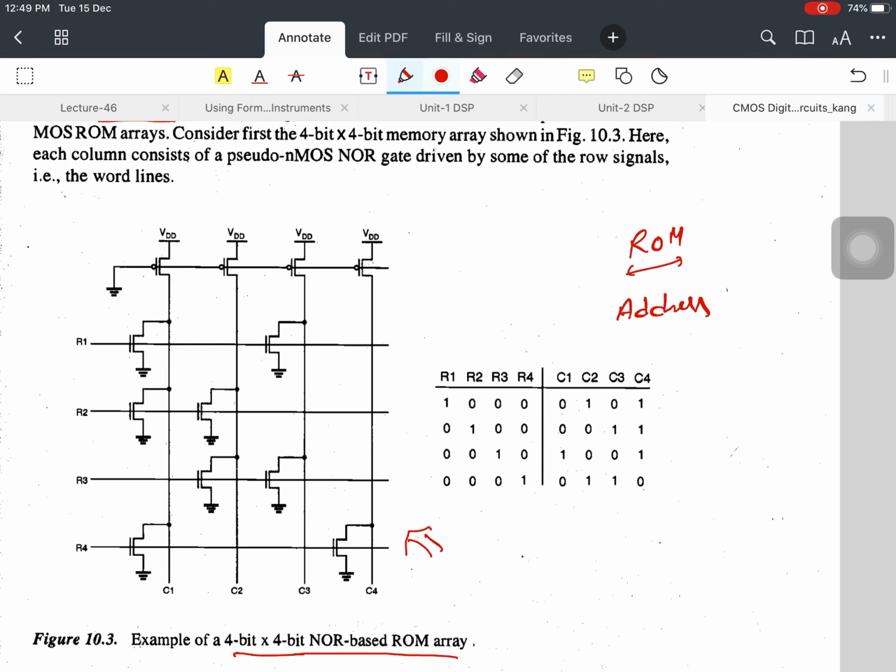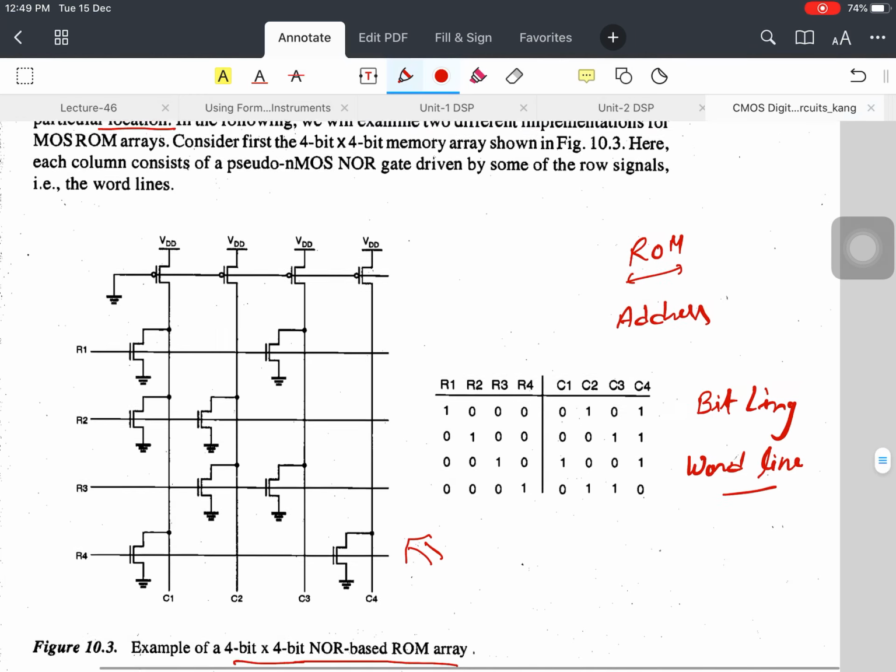Whenever we talk about this memory at the transistor level, you require the bit line and word line, as I told you.